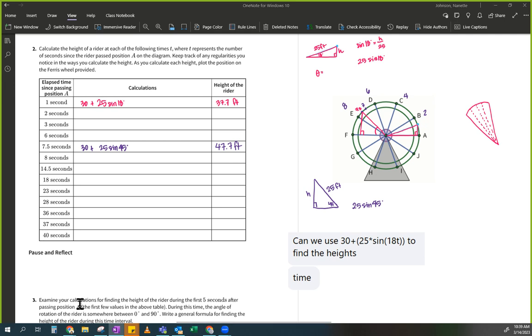Very good. It represents how much of an angle you travel in 1 second, right? If you travel 2 seconds and 36 degrees, that implies that in 1 second you can travel 18 degrees. Does that make sense? So this is actually really good.